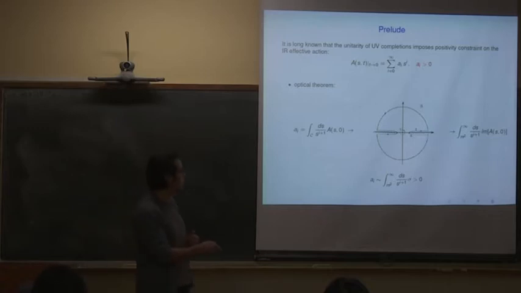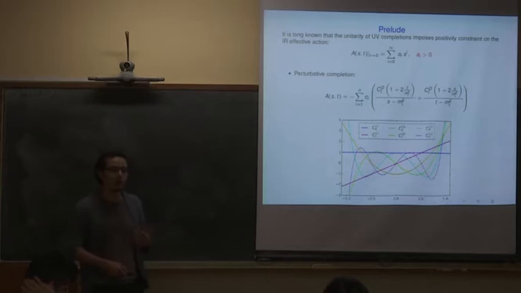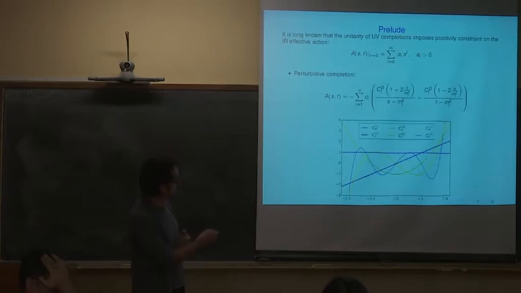You can also see this even more clearly if you assume that your theory is UV completed perturbatively, meaning that the UV complete S-matrix is given by an infinite series, well, it might be finite.